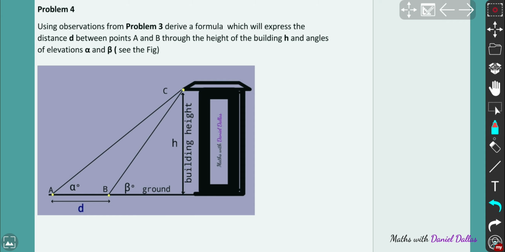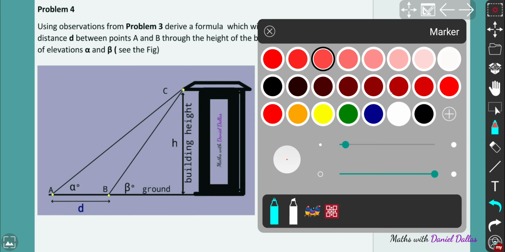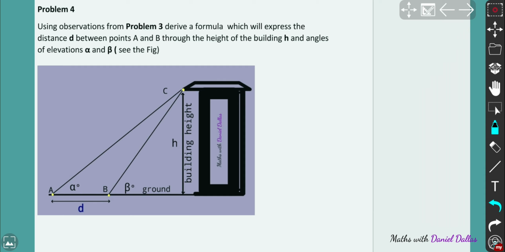Okay, let's try to do it. So what do we have for that? So distance and height, H. All right. We have angle beta and we don't have anything else.